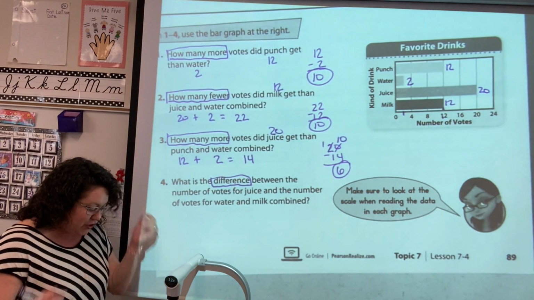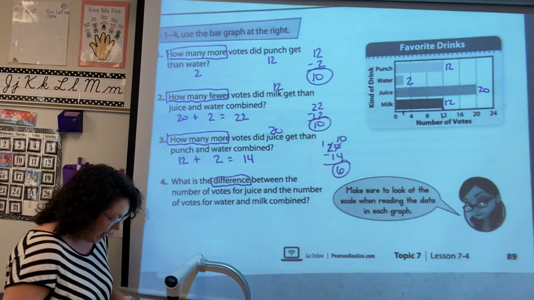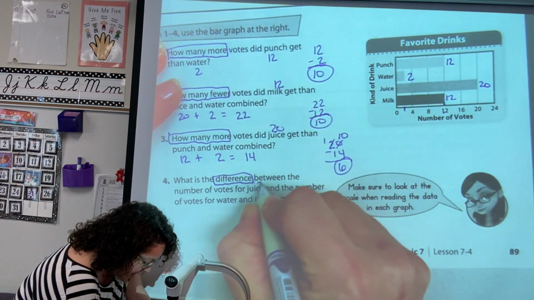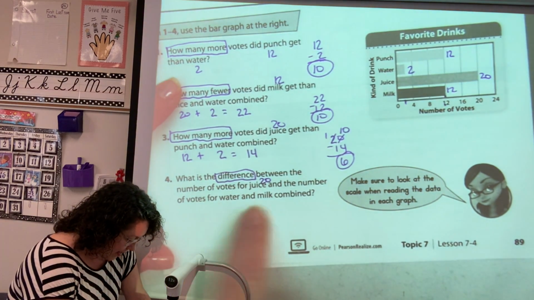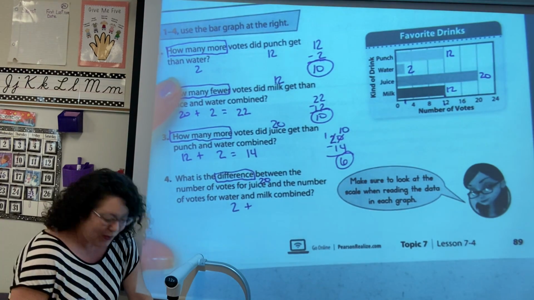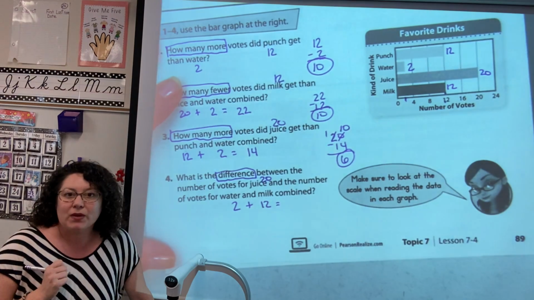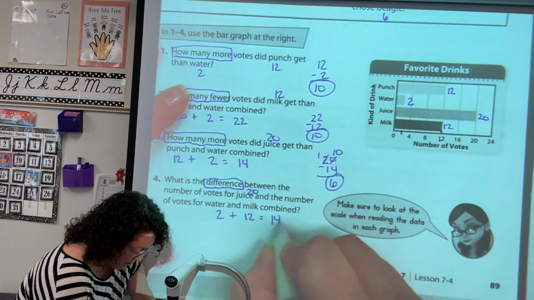So we've got to add those two together. All right? So here's Juice. Juice got 20. And Water got 2. And we're going to combine that with Milk, 12. When we combine, we put together, we add it together, and that comes up with 14.